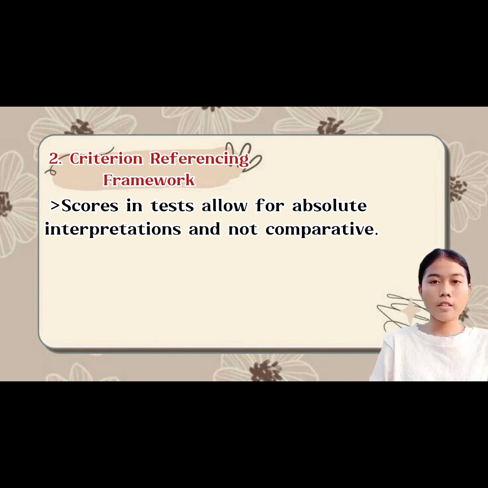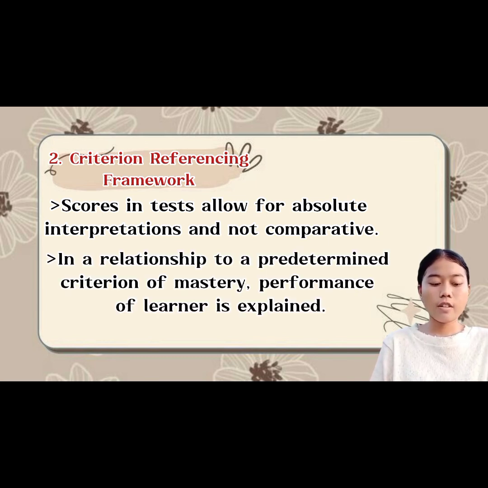So, when they check the scores, they can interpret the progress of their students. Then last, in relationship to a predetermined criterion of mastery, the performance of the learner is explained.